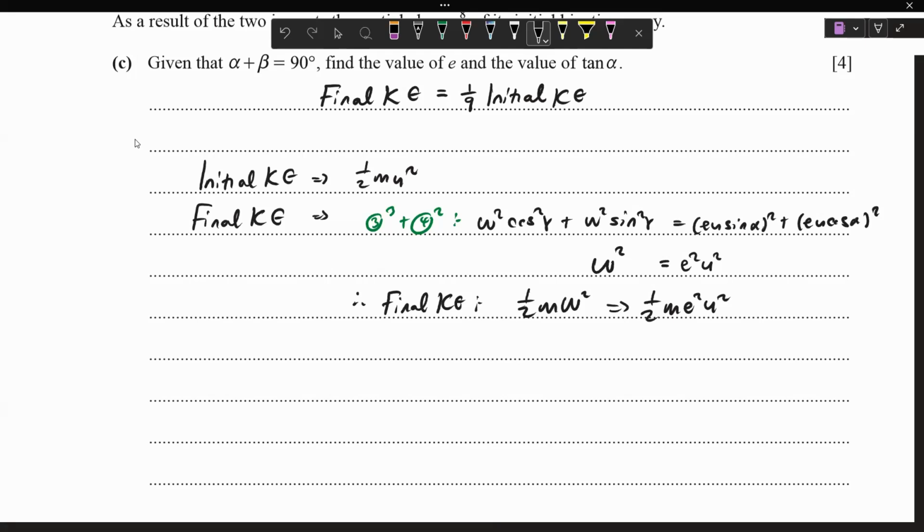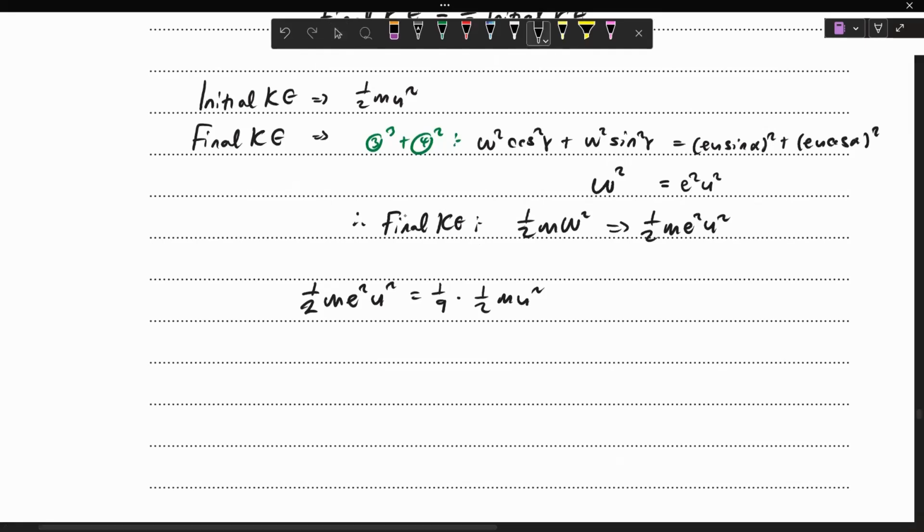So we're going to say half m E squared U squared is equal to a ninth of half mu squared. And so we technically have half m E squared U squared is equal to 1 over 18 mu squared.